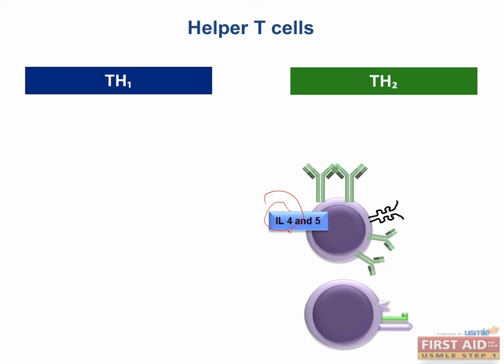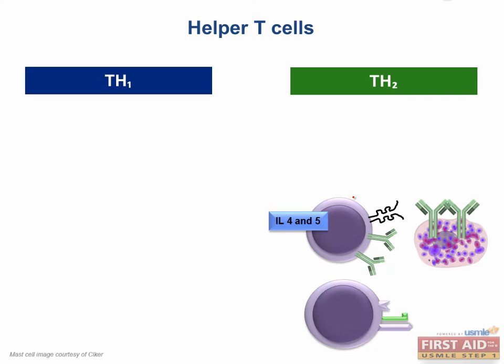What did it actually cause the differentiation of? It told the undifferentiated CD4 cells to become Th2 cells. So just like it stimulates these Th2 cells, it also stimulates B cells to make IgE. So interleukin 4, think allergy. And remember, IgE on the surface of mast cells, cross-linking of allergen, release of granules, and allergic response.